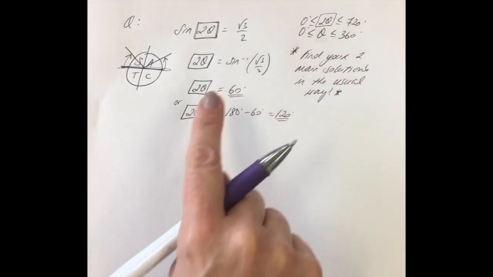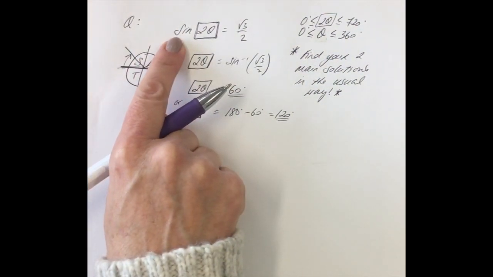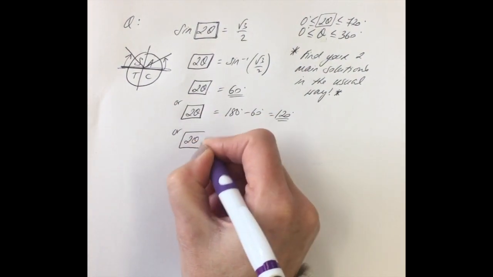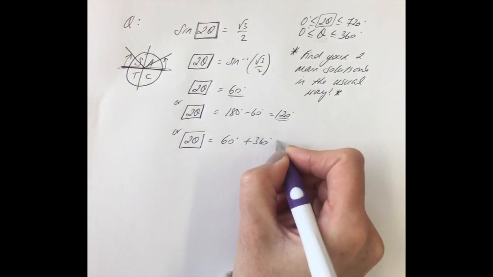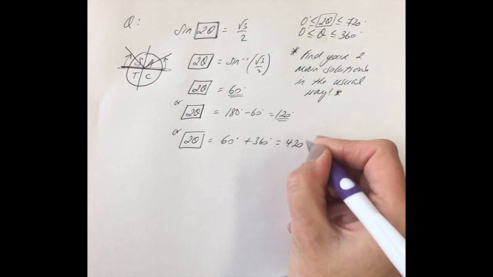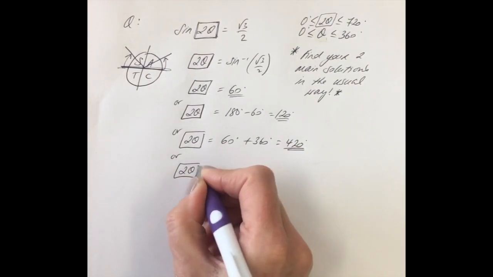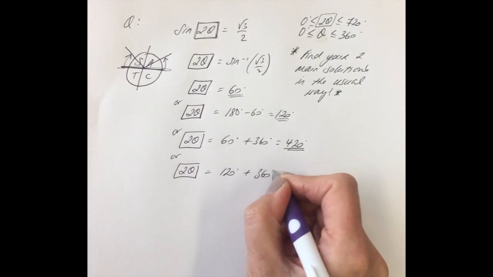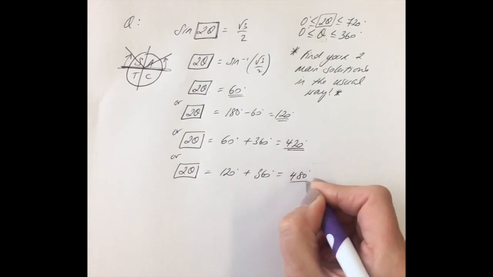Which means I can go again to find multiple solutions. The sine curve repeats itself every 360 degrees, so I'm going to take my solution 60 and I'm going to add on 360 degrees. And I get 420, and I'm going to take my second main solution, 120, and I'm going to add on 360, and I'm getting 480.